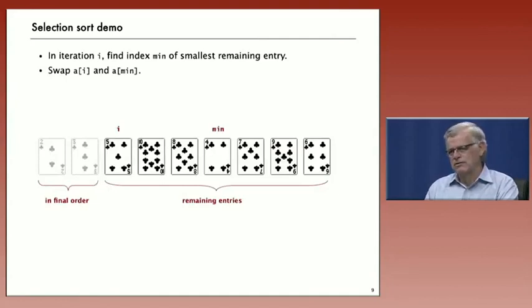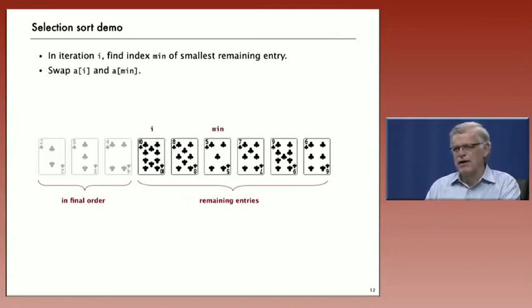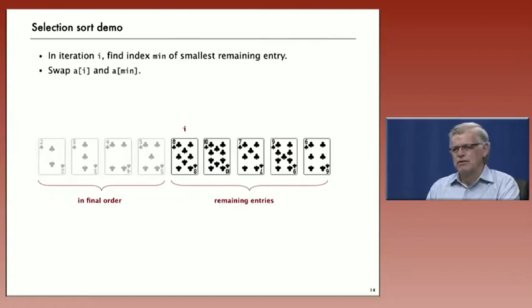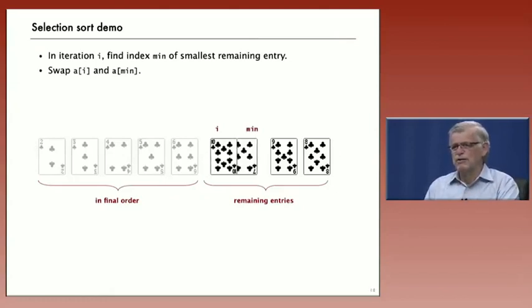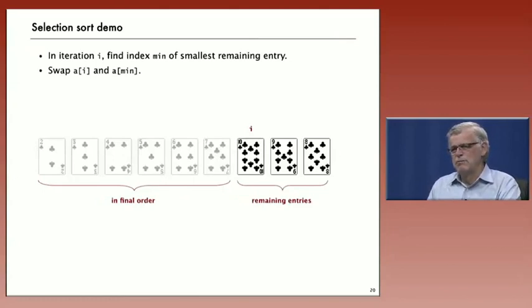Find the smallest, it's the 4, swap that one with I, increment I. Find the smallest, it's 5, swap that with I, increment I. Find the smallest, swap that with I, increment I. Each time we have to scan through all the remaining entries in order to find the smallest, but then once we found it, we only have to swap 2 cards. Those are both key properties of selection sort.